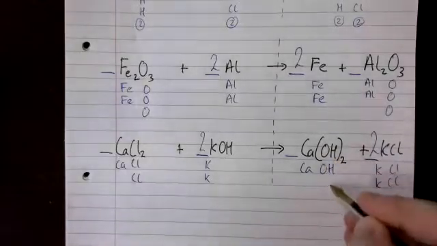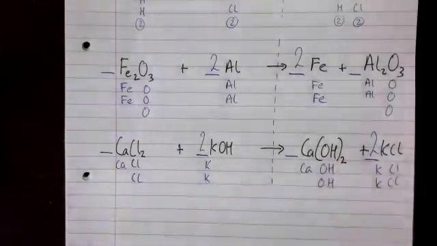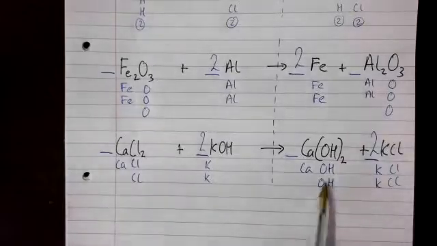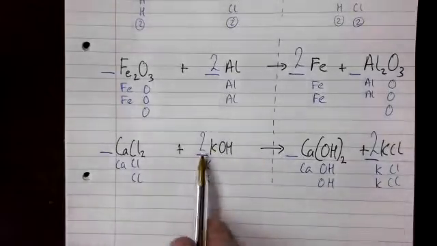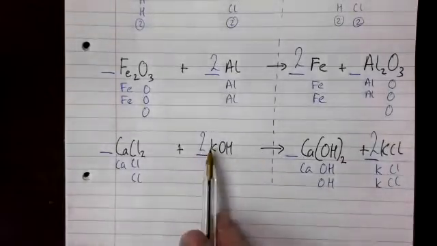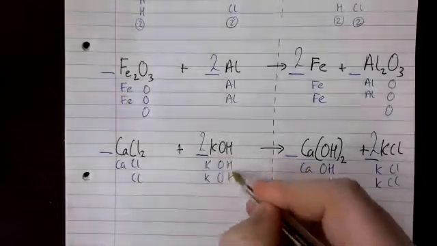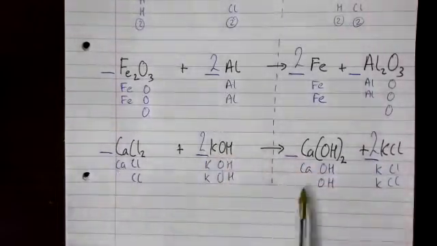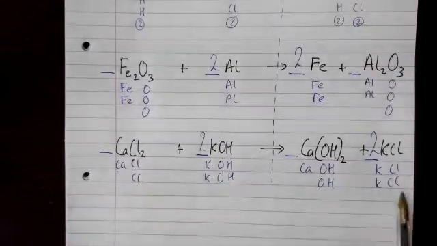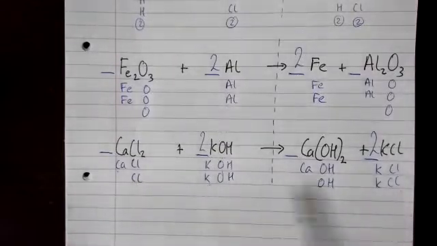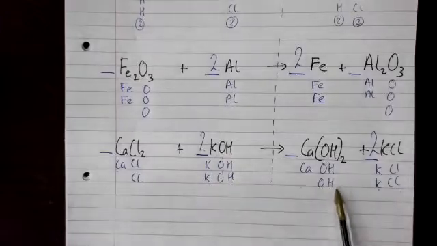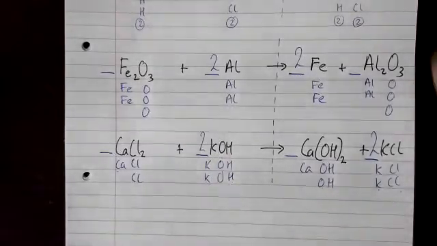So I've got that and I've got that, okay? Now, let's have a look at OH over here. So we've got 2 lots of KOH. So that means I've got 2 lots of K, 2 lots of O, 2 lots of H. So 1 calcium, 1 calcium, 2 chlorines, 2 chlorines, 2 potassiums, 2 potassiums, 2 oxygens, 2 oxygens, 2 hydrogens, 2 hydrogens. Okay.